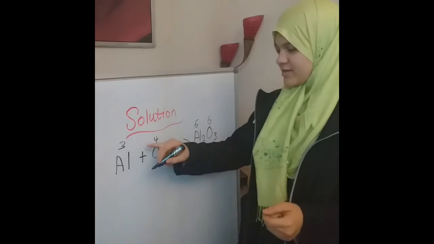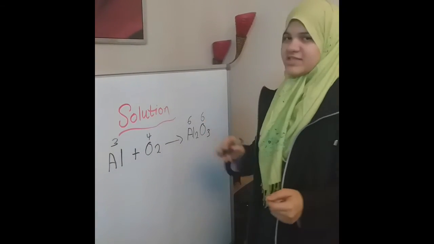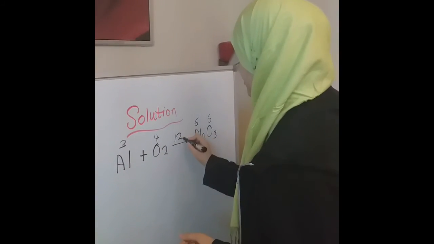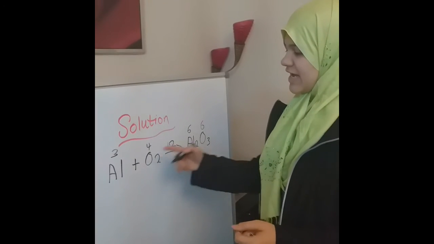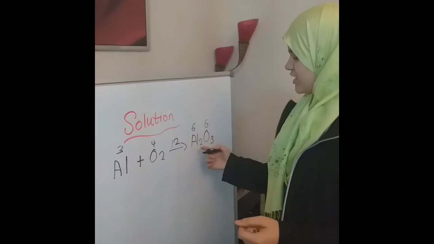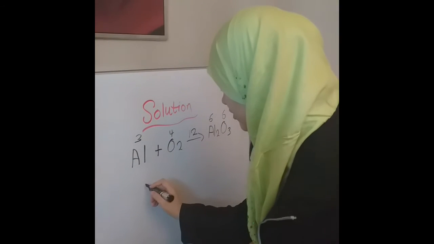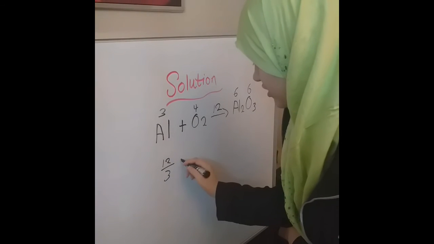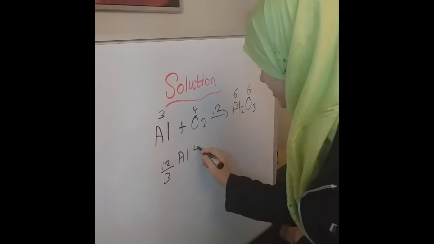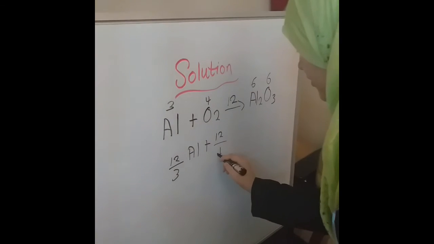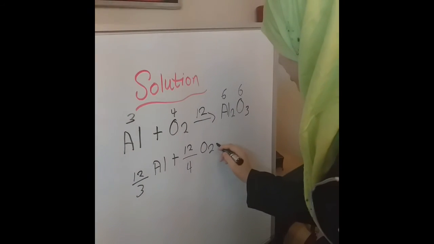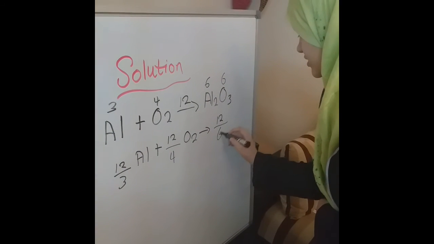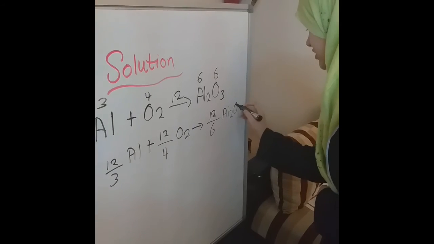What is the LCM of 3, 4, and 6? It is 12. That means we divide 12 by the aluminium, oxygen, and Al2O3. First, we make 12 over 3 aluminium plus 12 over 4 oxygen is equal to 12 over 6 Al2O3.